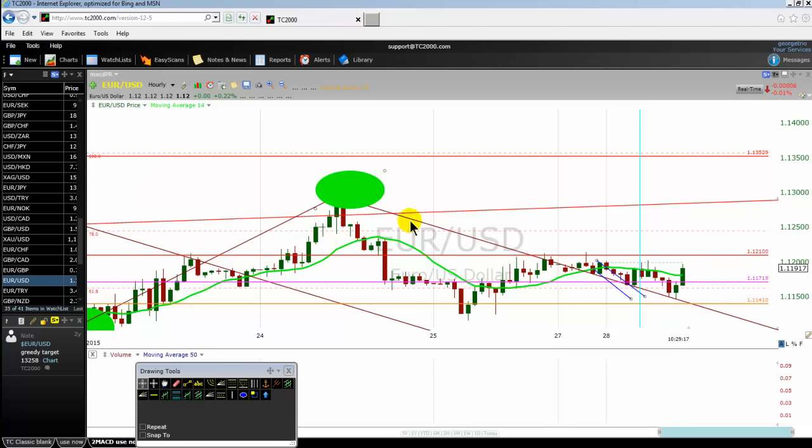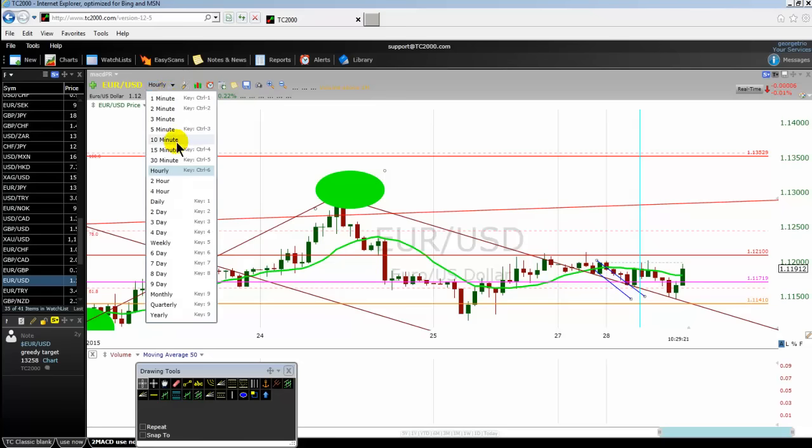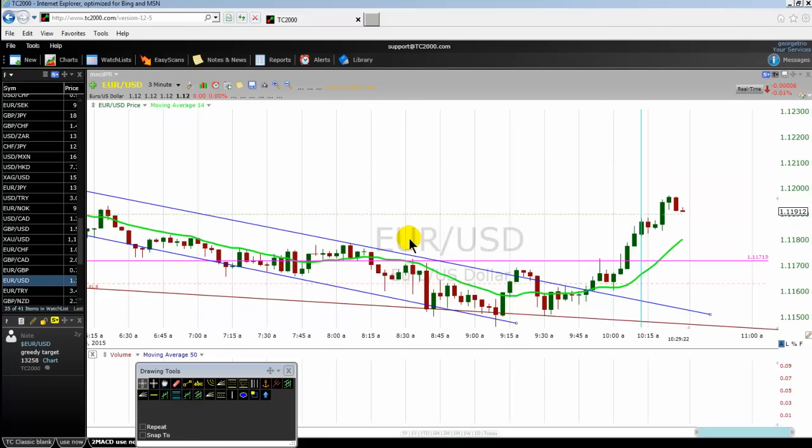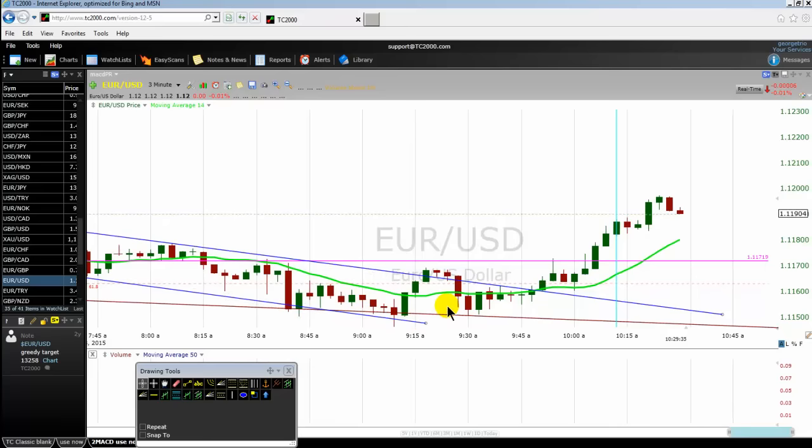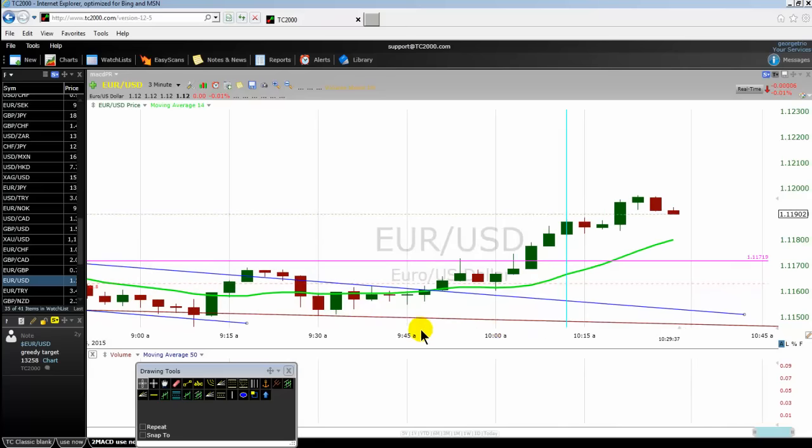So we need to be a little bit patient and wait. That's why it's a little bit slow right now. See, some traders are selling it here. So we give it more chance and we keep eyes on it and see what is going to happen.